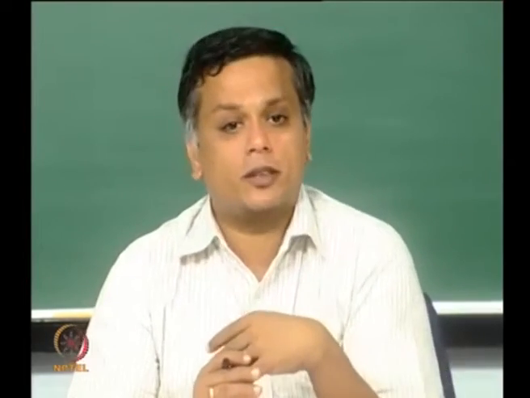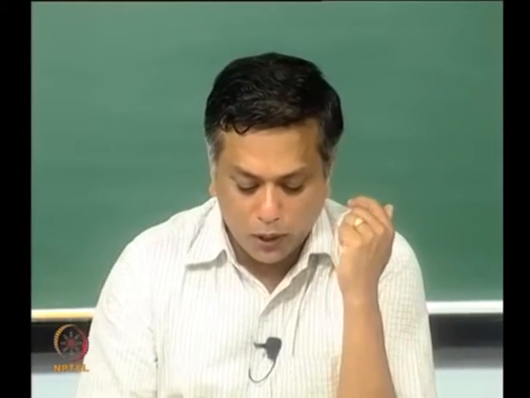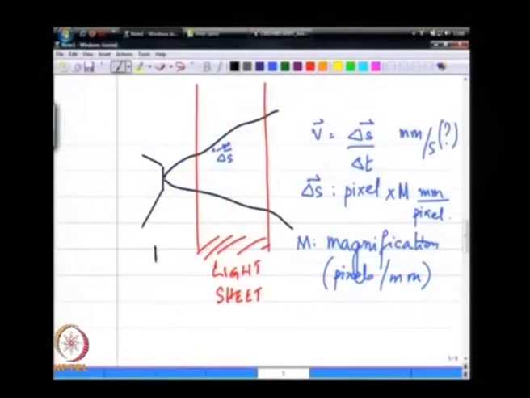Practically, the way a PIV system is usually implemented, we do not take two pulses or two images with the camera flashing twice, or the camera acquiring two images. It is usually done by using a pulsed light sheet.